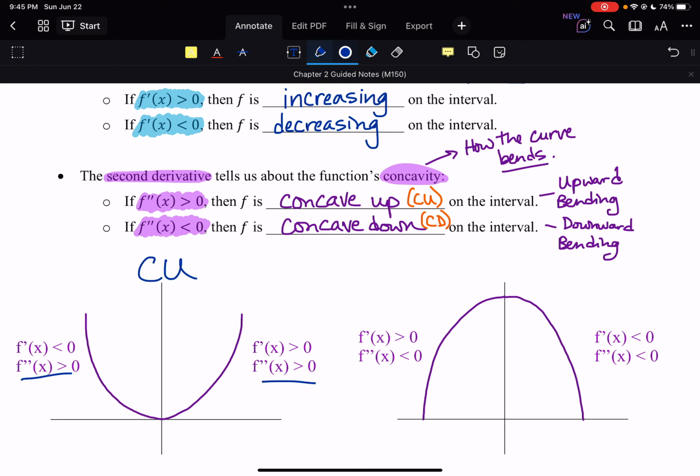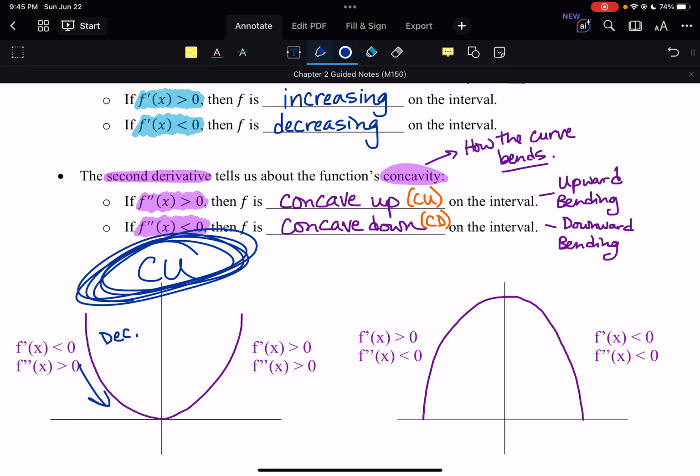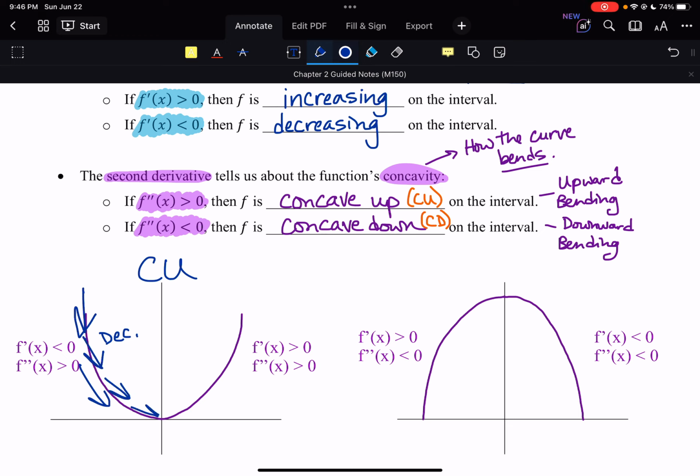But notice that on the left side of this graph, the first derivative is negative because the function is decreasing there, right? So we're decreasing on this side, we're going down, even though the graph is concave up. Because even though the graph is going down, it has an upward bend to it, right? The slopes are really, really negative, but they start getting less negative. They start leveling off and getting closer to 0 as we go here.